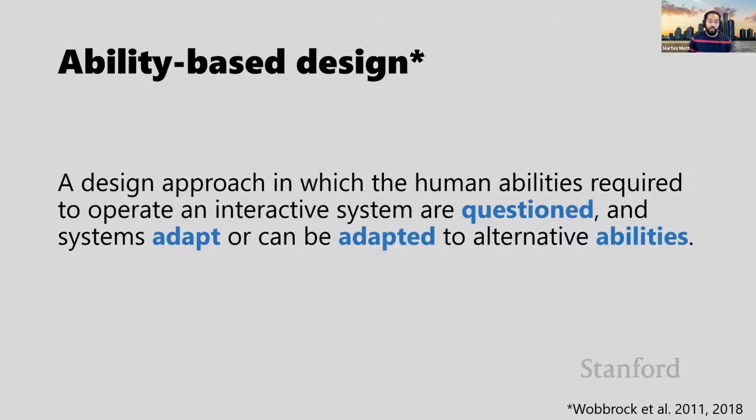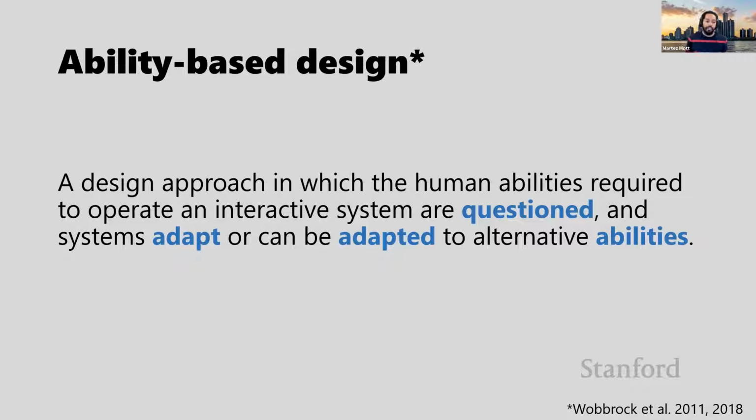One of the ways that's been really useful and influential to how I think about accessibility research is to incorporate a design approach called ability-based design. Ability-based design was formulated by Jacob Wobbrock and colleagues. Jake was my advisor when I was at the University of Washington.